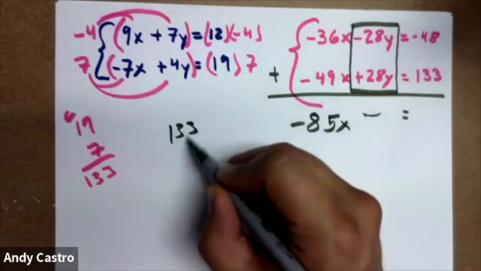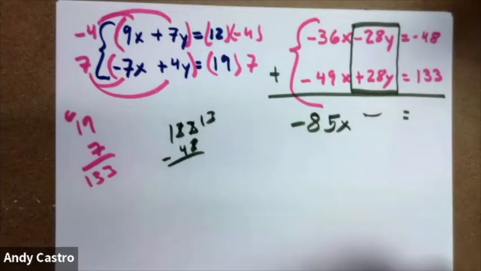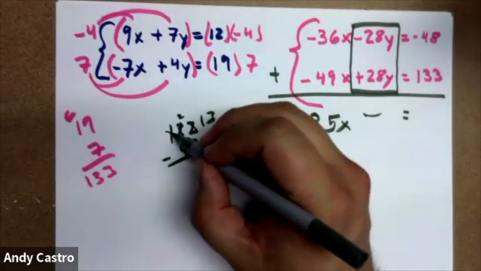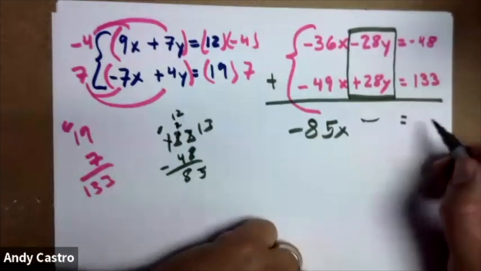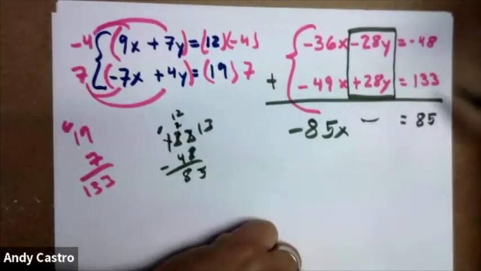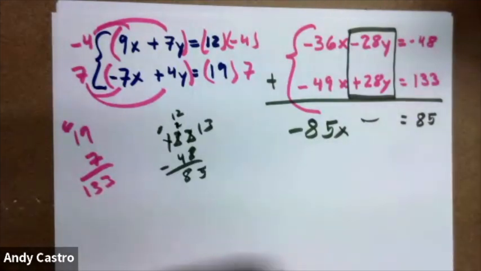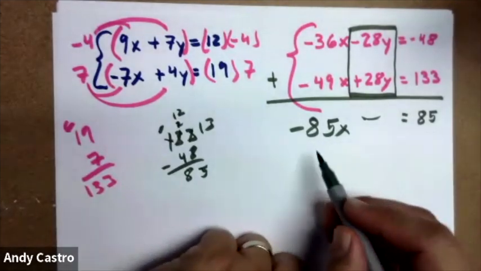So I'll just do this old school. 85. All right. Let me just double check that. Yeah. Okay. So then here, negative 85x is equal to 85.